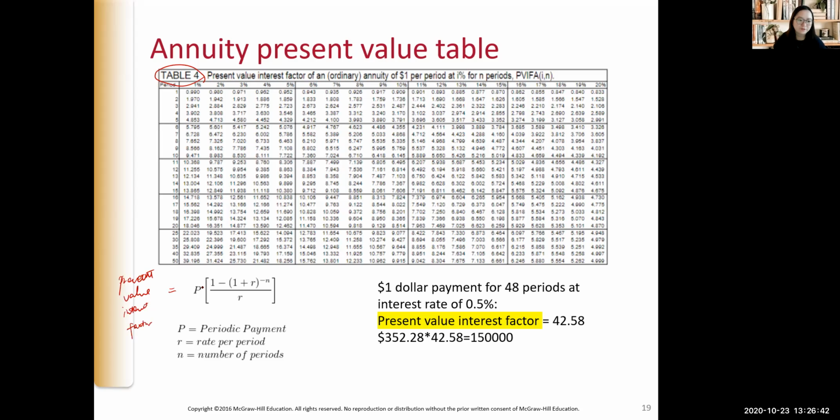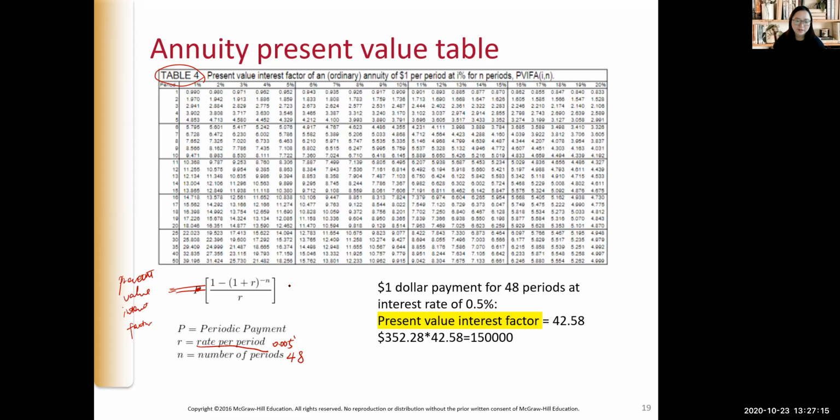formula. This formula equals 1 minus 1 plus R, where R is the rate per period, which is 0.005 in our case, and the number of periods is 48, okay? So you use 1 minus 1 plus 0.005 to the power of minus n, and this n is actually 48.